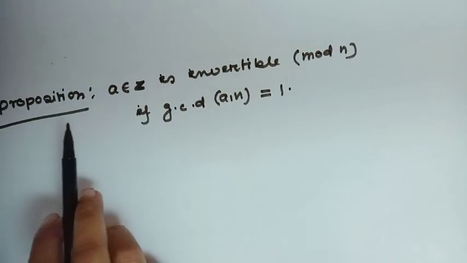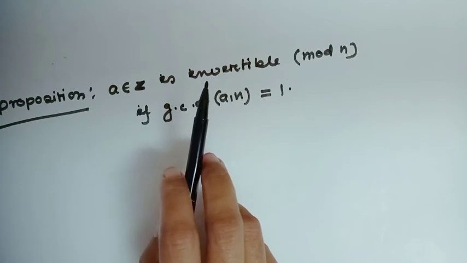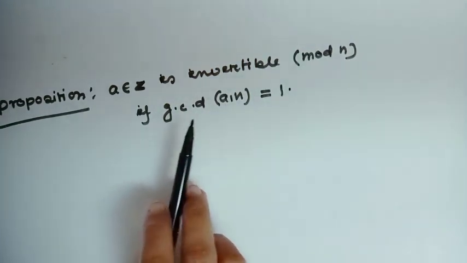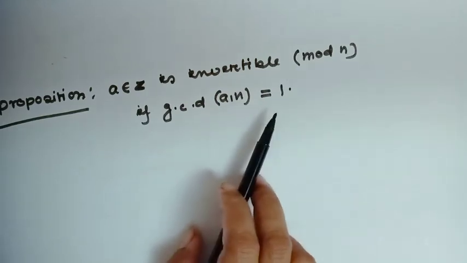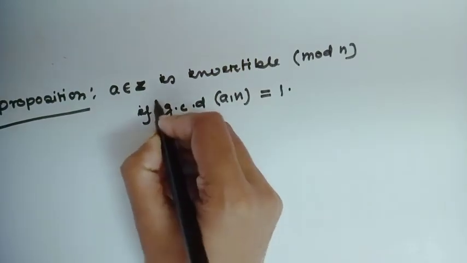My next proposition: an integer a is invertible modulo n if GCD of a and n equals 1. Not if and only if.